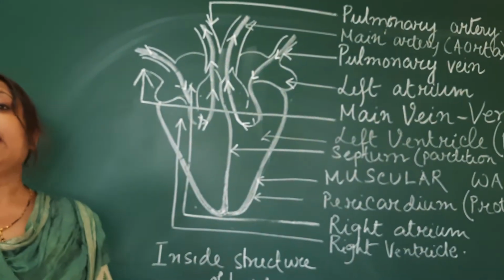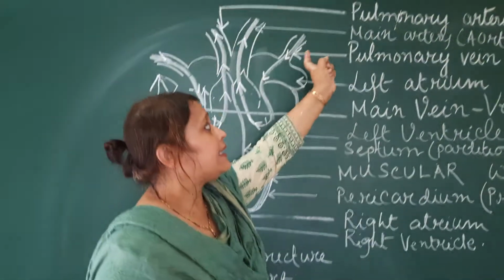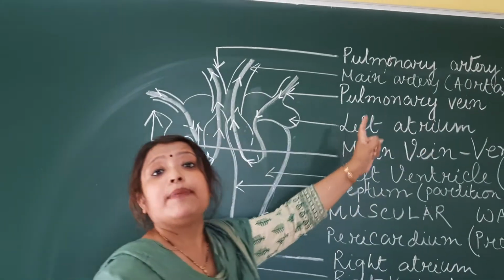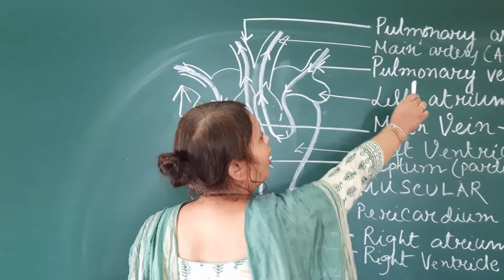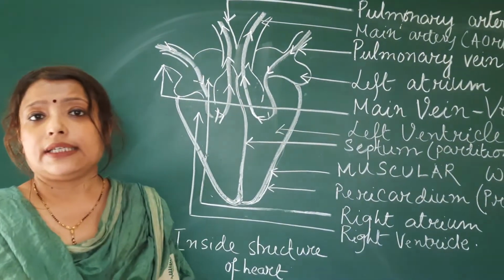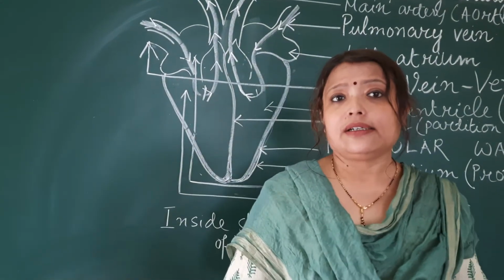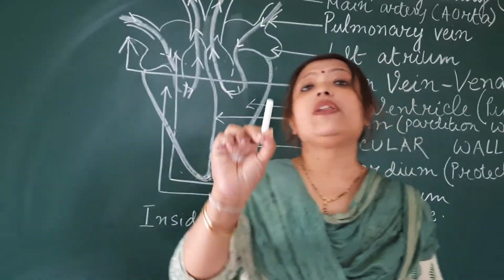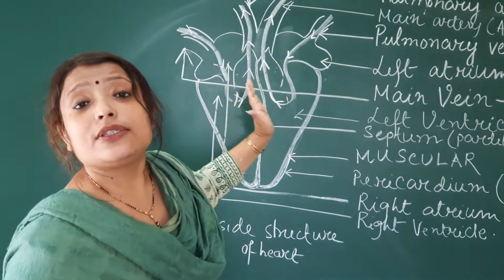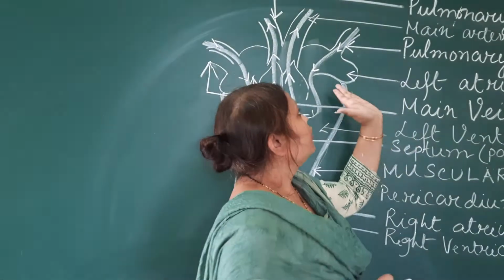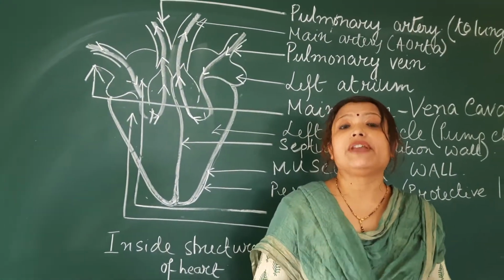The pulmonary artery carries deoxygenated blood to the lungs, and the pulmonary vein carries oxygenated blood from the lungs to the heart. You can ask me, what is the function of the lungs here? The lungs are the purifier organ. That means the deoxygenated impure blood goes through the pulmonary artery to the lungs for purification.